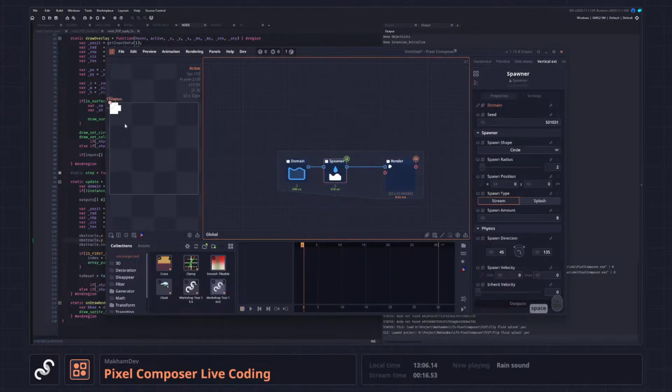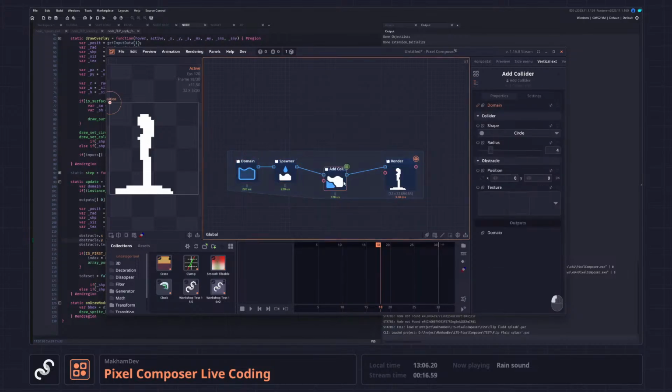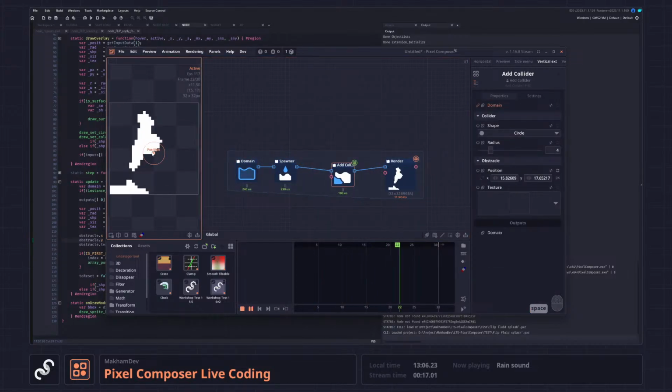We have normal fluid flow down normally. Okay, cool. Then we have the collider here. It's kind of avoided, but it also fades into it a little bit, which is fine.